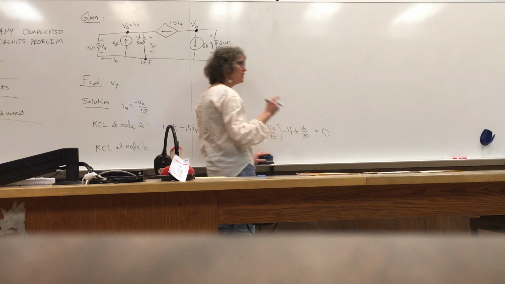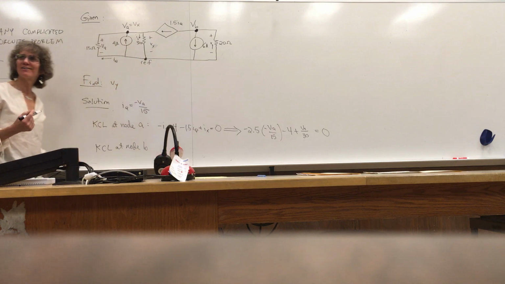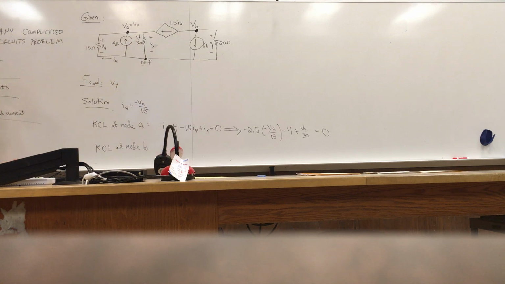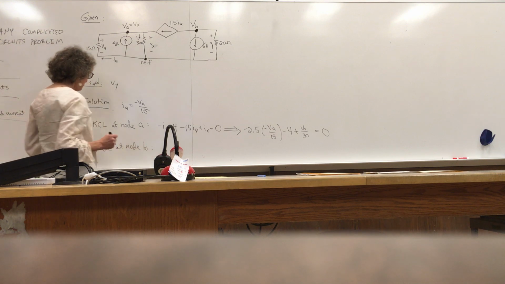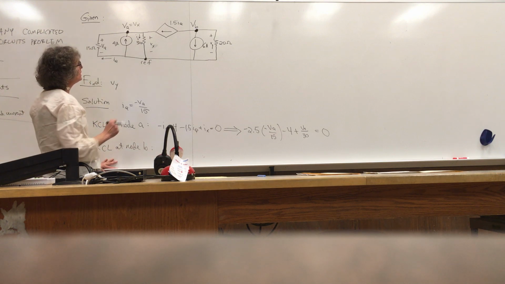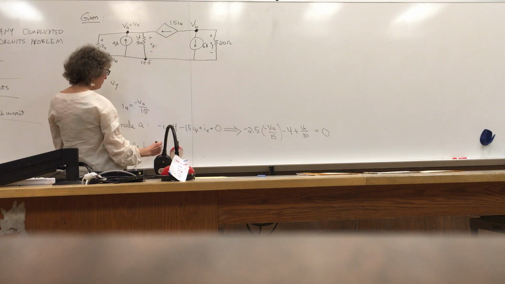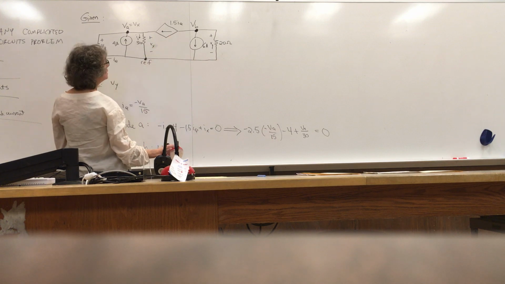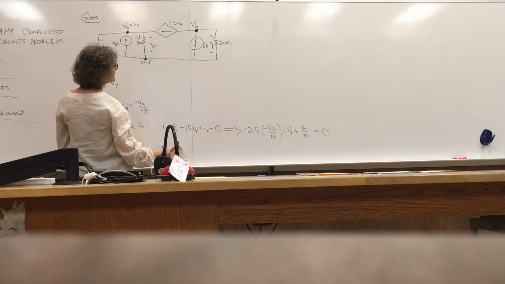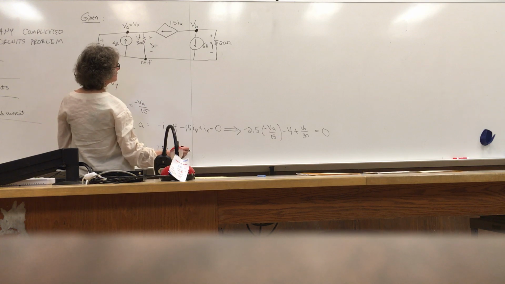I equals V over R, not R over V, sorry. Okay, now I'm happy, because that equation is an equation with just a node voltage. And then the Kirchhoff's current law at node B will be 1.5 IQ plus 6 plus what?